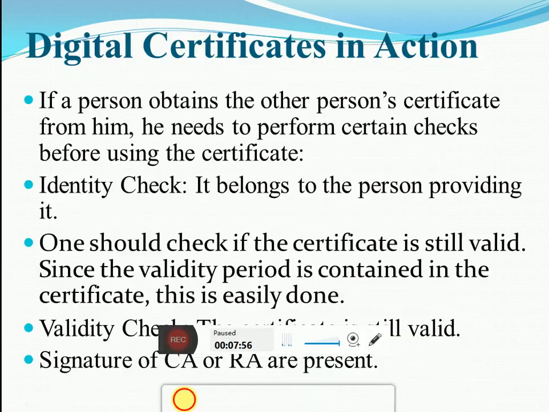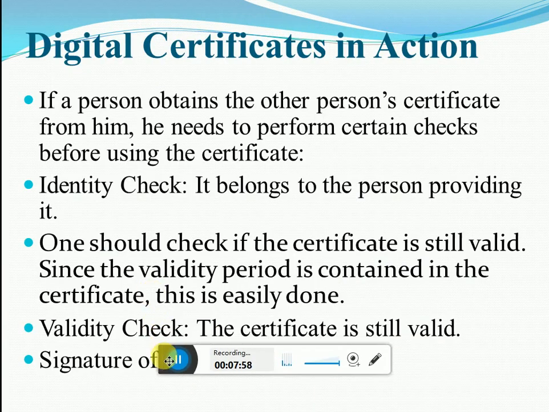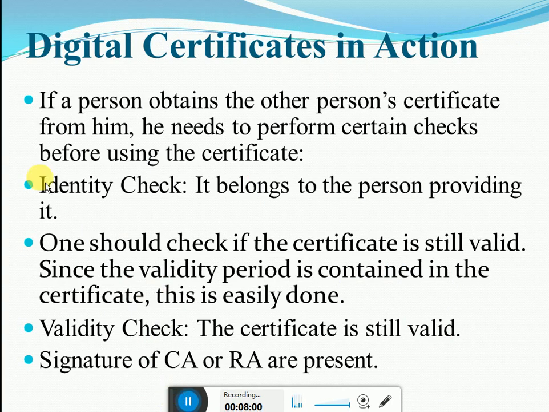Whenever some person gets a digital certificate of some party, he has to perform certain tasks. If a person obtains another person's certificate, he needs to check the identity first. This identity check tells whether it belongs to the person providing it. It verifies whether this certificate is of the proper person or not.